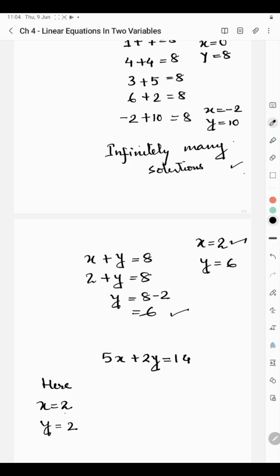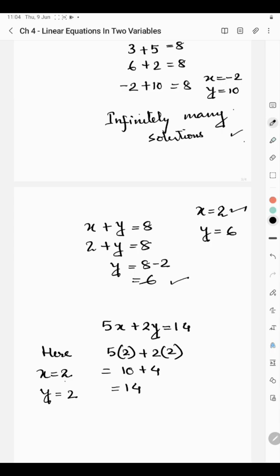Putting in place of x, we get 5 into 2 plus 2 into 2. So 5 2s are 10 and 2 2s are 4. So it's 14. So the solution of this equation is x is 2 and y is 2.